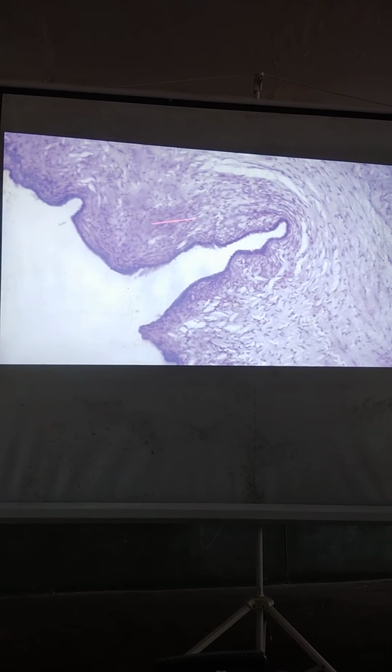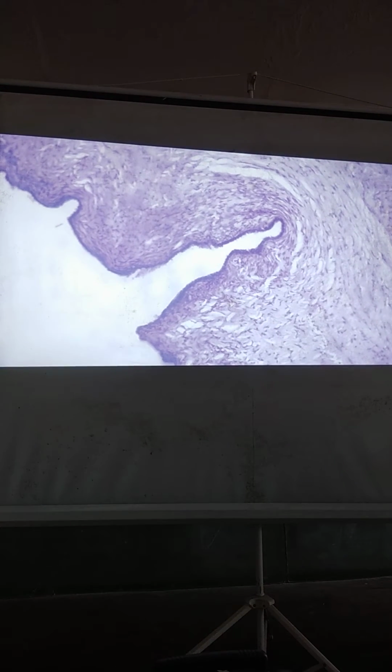The malignant counterpart will be serous adenocarcinoma. So that is epithelial. For your stromal or mesenchymal lesions, the malignant one is your so-called sarcoma.